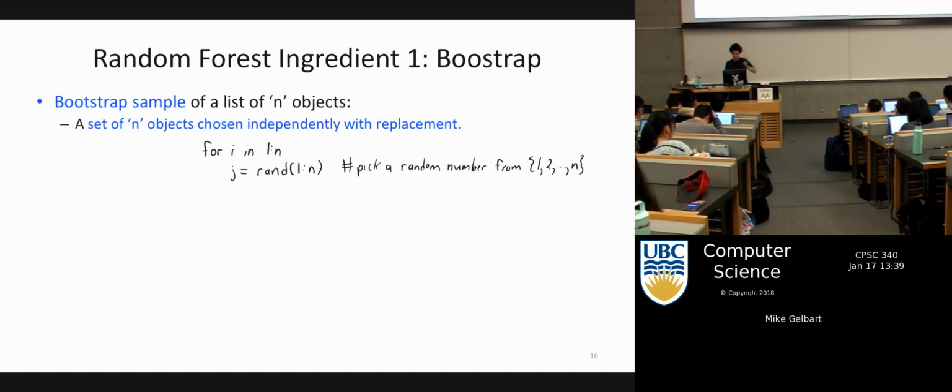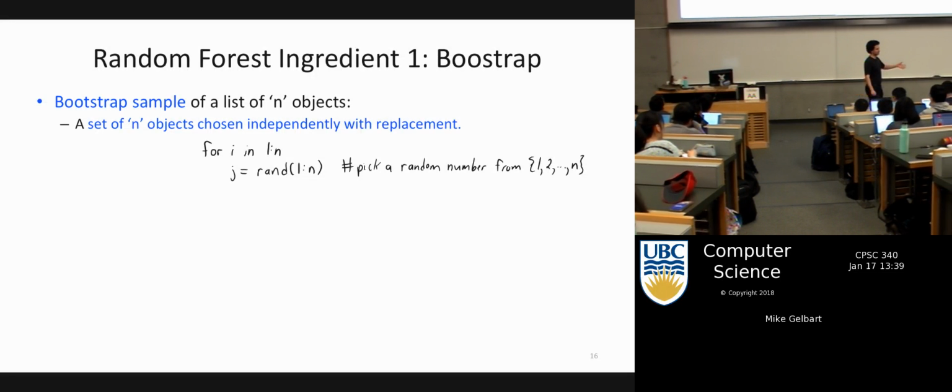So for those of you not familiar with bootstrapping, what we're going to do is our data set has n examples in it. We are going to sample n objects with replacement. So we're getting a new data set. It's the same size as the original one. It's still of size n, but it may contain duplicates.